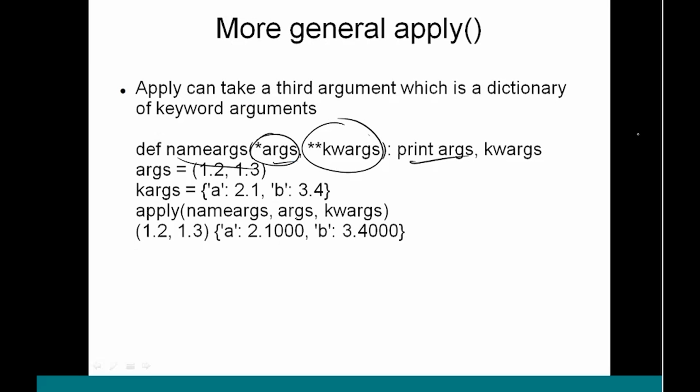We want to print this whole thing, and here we have defined these two variables, and to print this we can just say apply(name arguments, args, kwargs), and then it prints the whole thing. So you can pass the function name and its arguments all in one shot, and then you can get it executed. Even if it is a variable length of arguments, you can still get it executed with this function.